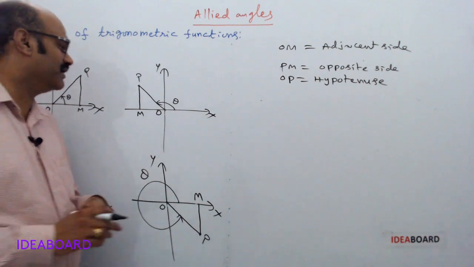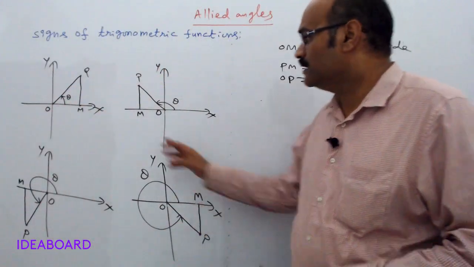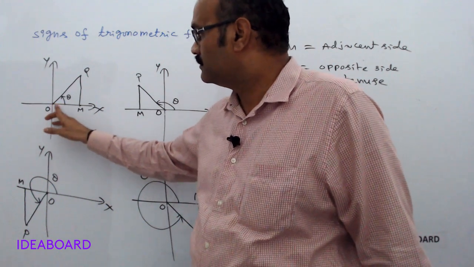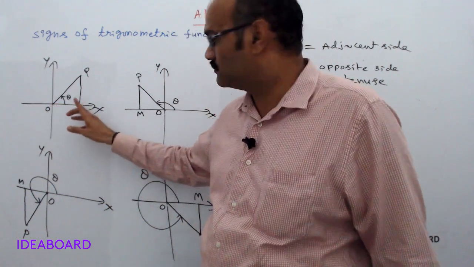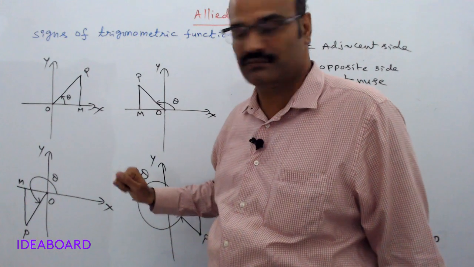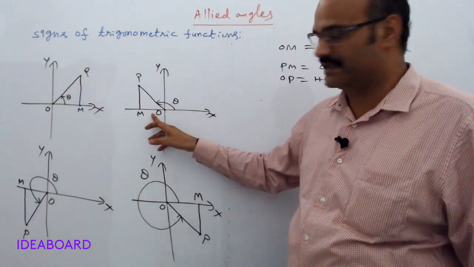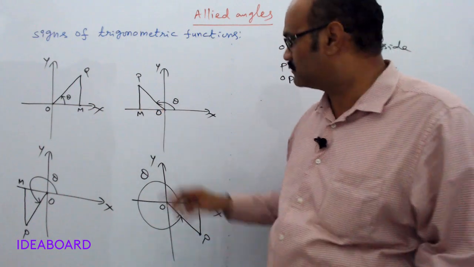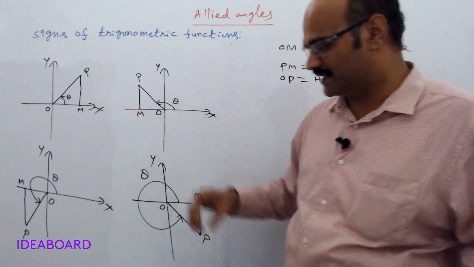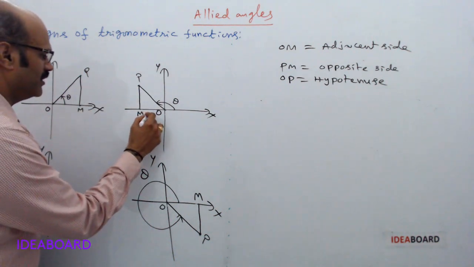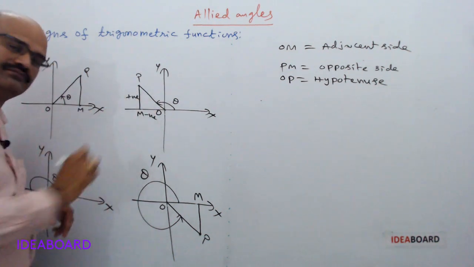But if you identify here, in the first quadrant, OM is positive, MP is positive, OP is also positive. But when you come to this case, OM is negative and PM is positive.